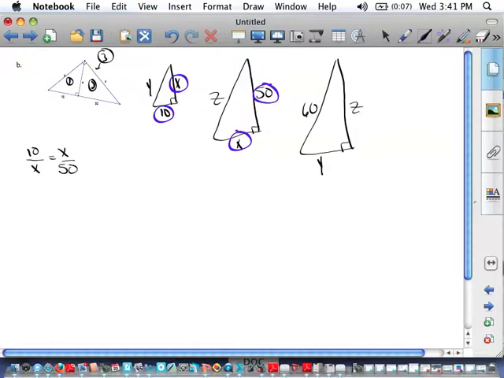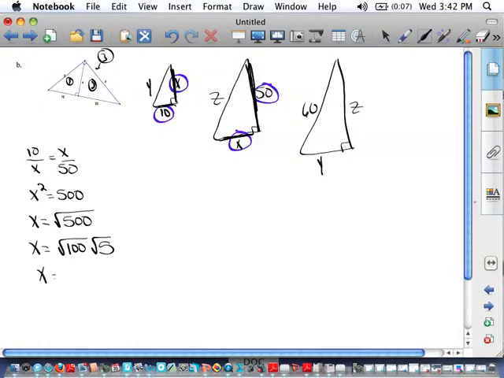Short leg is to short leg as long leg is to long leg. Cross multiply and you get x squared equals 500. So in simplest radical form, x is equal to the square root of 500. X is equal to then the square root of 100 times the square root of 5. So x is equal to 10 root 5.